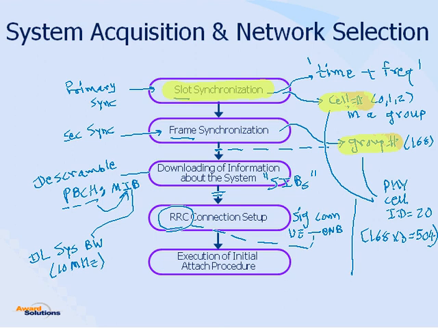Once you have that signaling connection, you can reliably exchange signaling messages between the UE and the eNode B. And we can do, for example, the so-called initial attach procedure. We will see how to do that. So we are able to basically exchange messages using this RRC connection.